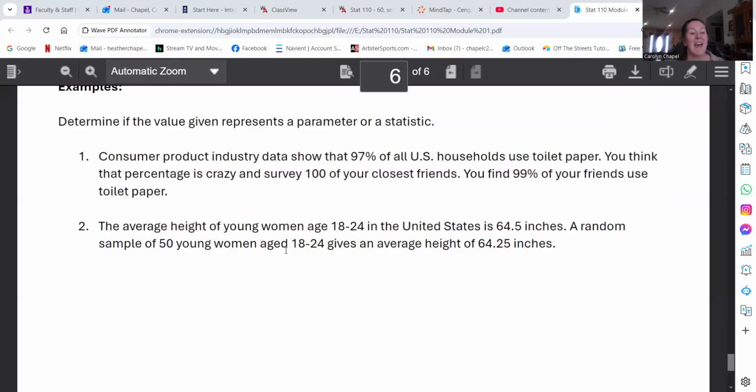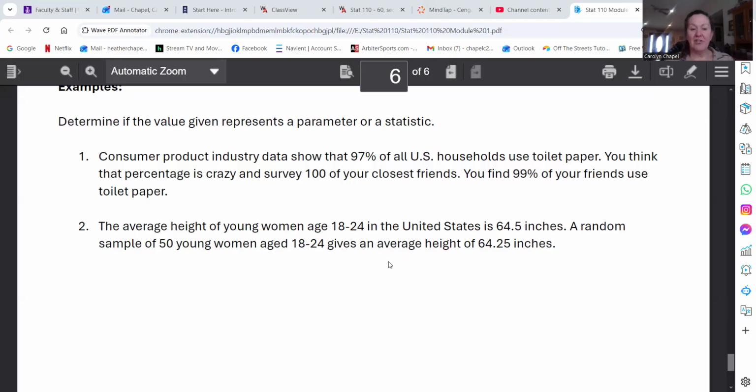Okay. The average height of young women, 18 to 24, is 64.5 inches. A random sample of 50 women of that same age gave us an average height of 64.25. In these problems, it's helpful to identify the population, because the parameter goes with the population, and the statistic goes with our sample.